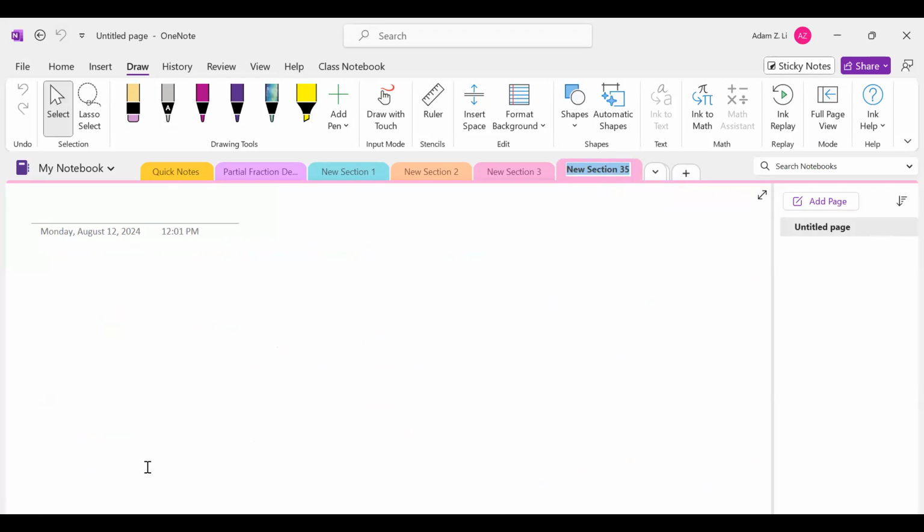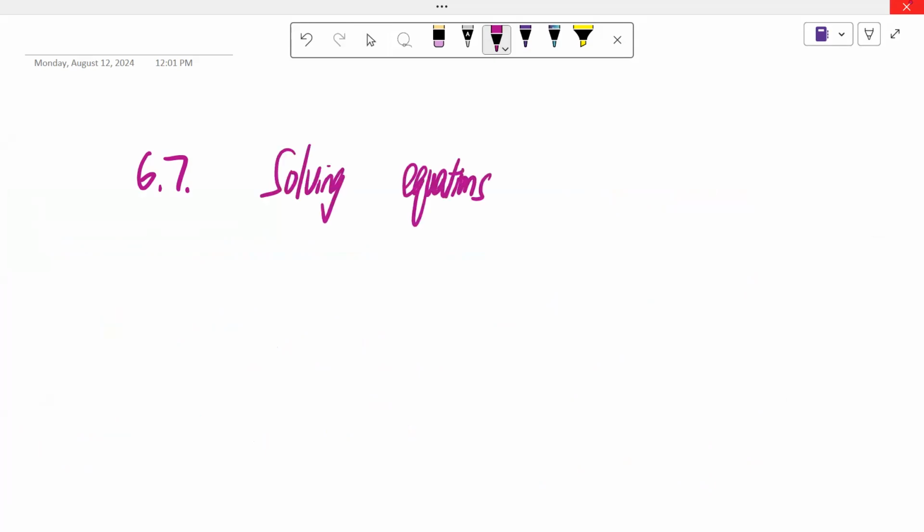This is section 6.7 in the textbook, on solving equations by factoring. So basically, we have any equation, right?